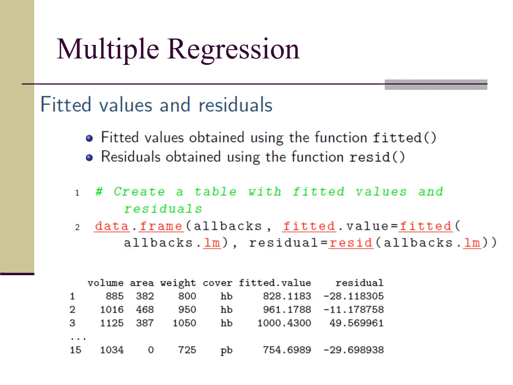Again, we get fitted and residual values using those two functions, and then add on new columns to our data frame using another data frame command. So it's like we're passing a data frame with a data frame, and then it knows, oh, you just want me to append whatever comes next as new columns in the data frame.